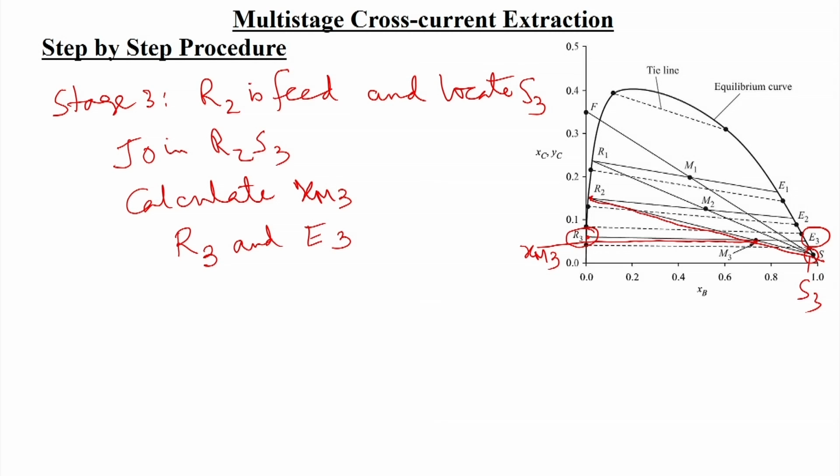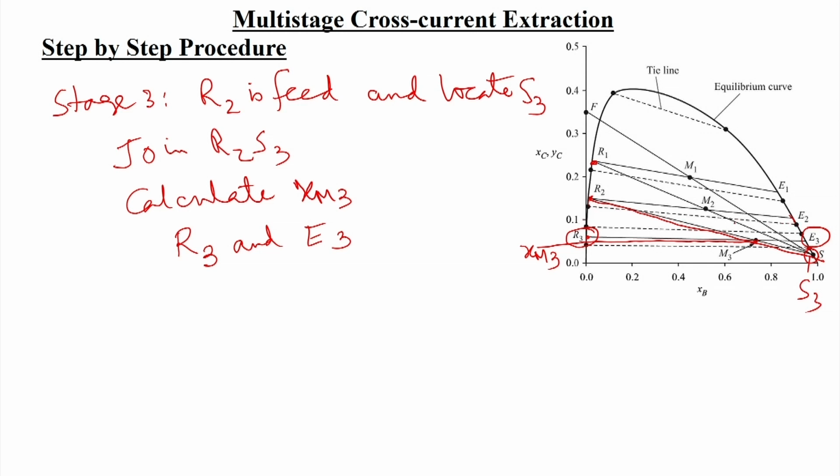From the equilibrium curve we will get the amount as well as the concentration of the solute in the raffinate and extract, and accordingly in stage 2 the amount of raffinate and extract as well as their composition. From this equilibrium line we will get both x and y values for the raffinate and extract arms.